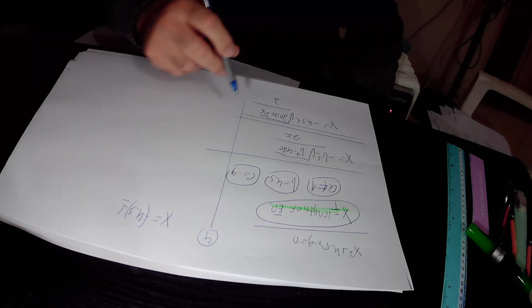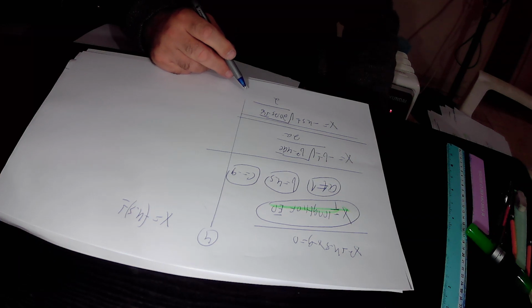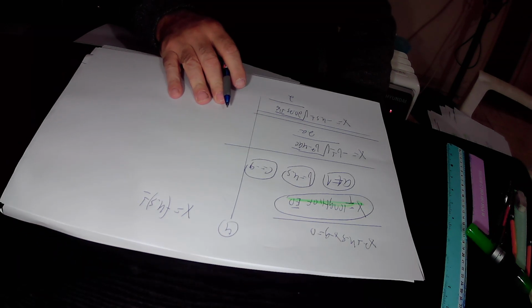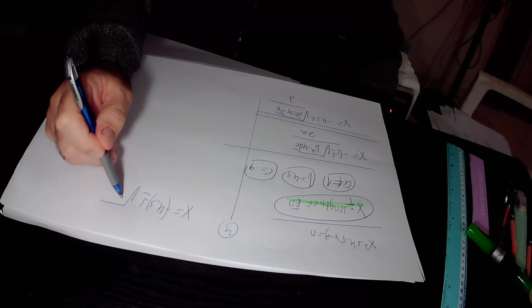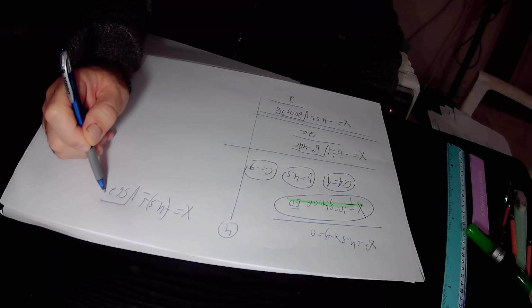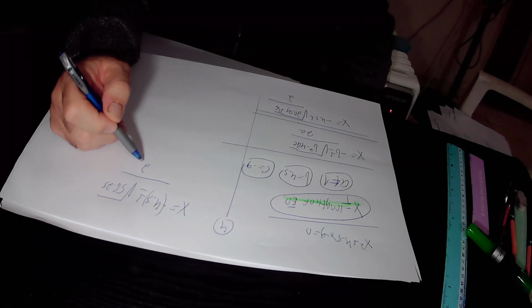plus minus, inside the root we have 20.25 plus 36 is 56.25, divided by 2.